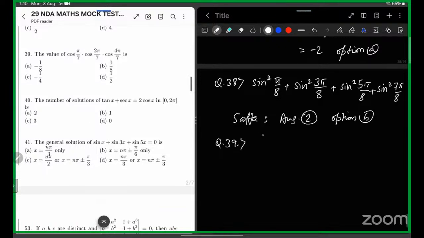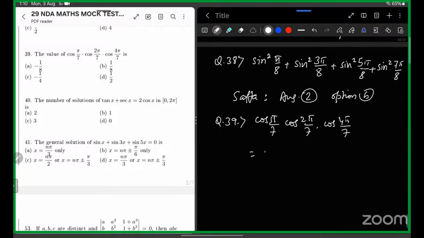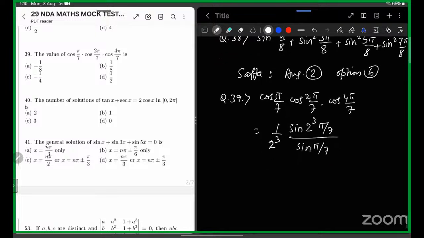Value of cos pi by 7, cos 2 pi by 7, cos 4 pi by 7. How are we going to solve it? Cos pi by 7 into cos 2 pi by 7 into cos 4 pi by 7. I can write it in this form: 1 by 2 cube into sine 2 cube pi by 7 upon sine pi by 7. So solve it.